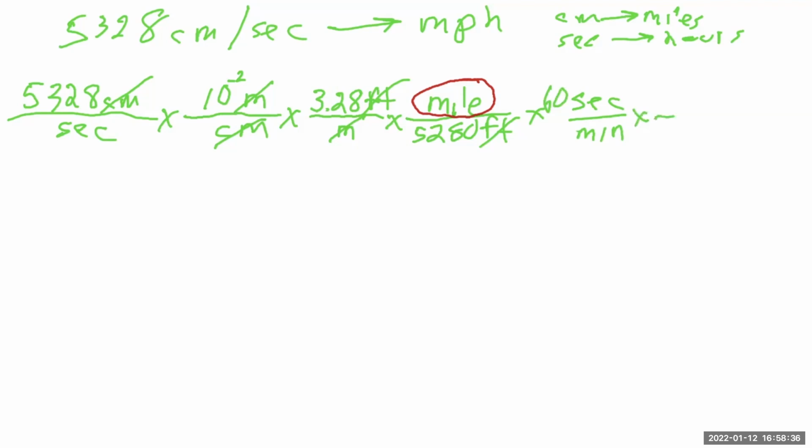Now I know minutes are on the bottom, so minutes go on top. And then hours. I know there's 60 minutes in an hour. So now I've converted seconds, minutes, I'm left with hours on the bottom. So now I've got miles per hour, which is what I wanted. So we just do the numbers. What was on the bottom, you divide, on the top, you multiply. So we have 5,000. We'll just say the exponent to the last.